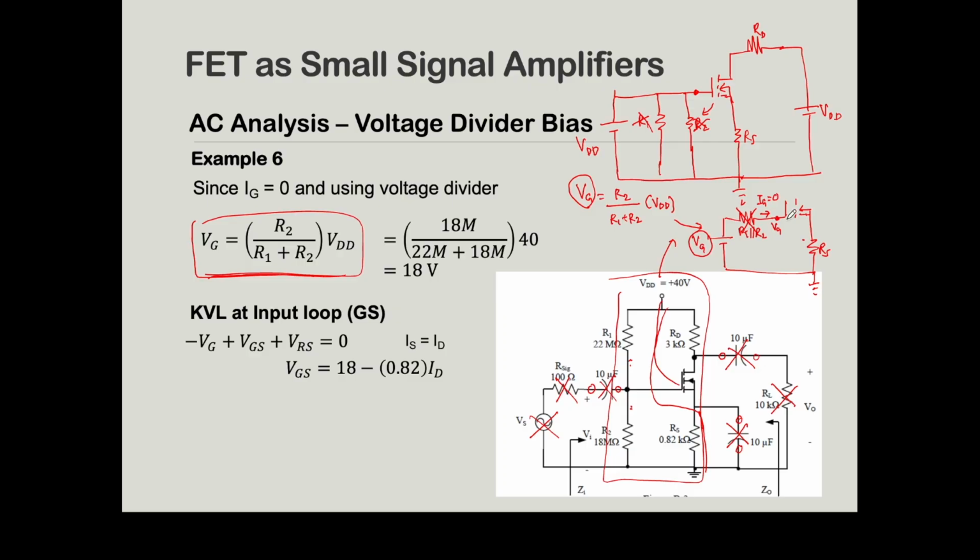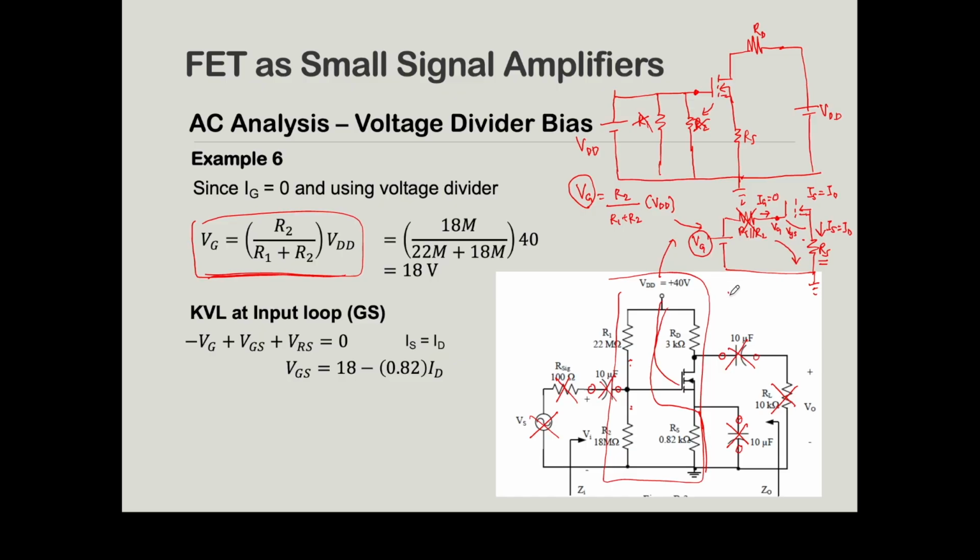Across here you are going to have VGS, don't forget about that. The current passing through this resistor will be IS. And always remember from our previous class, we know your IS is equal to your ID. So can we write the KVL now?